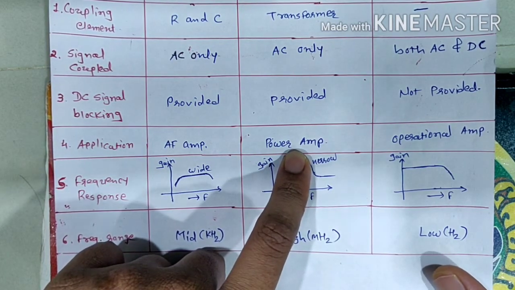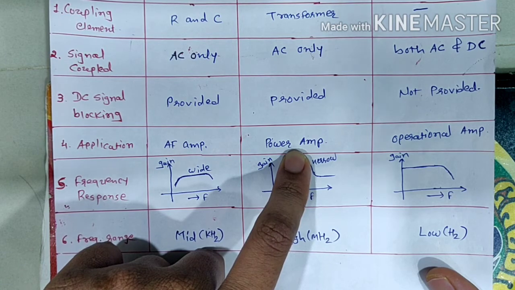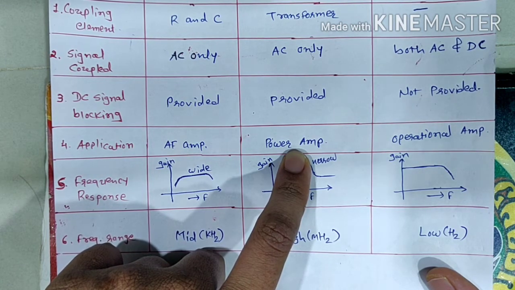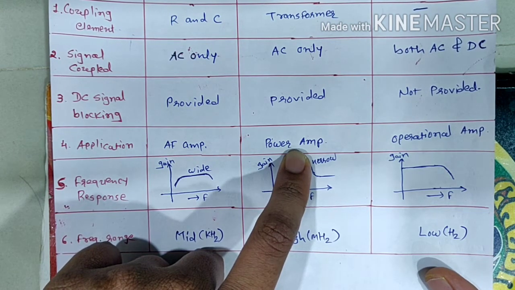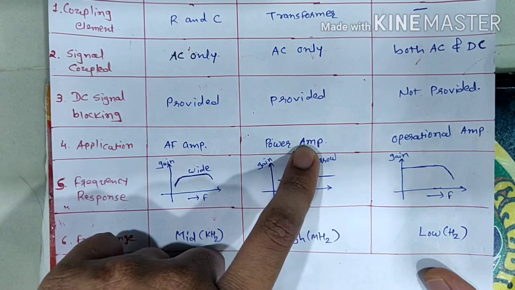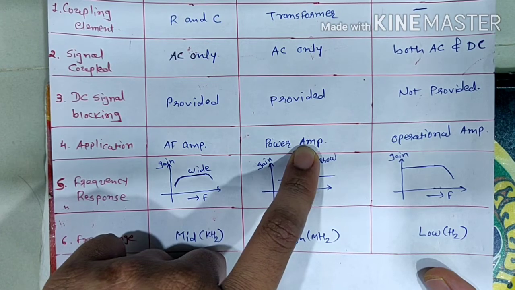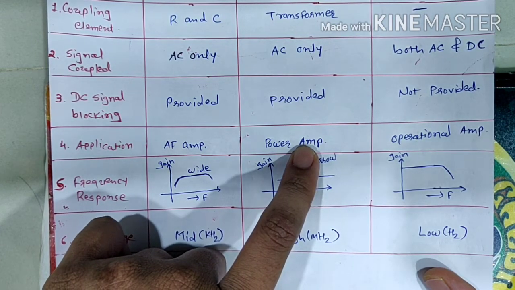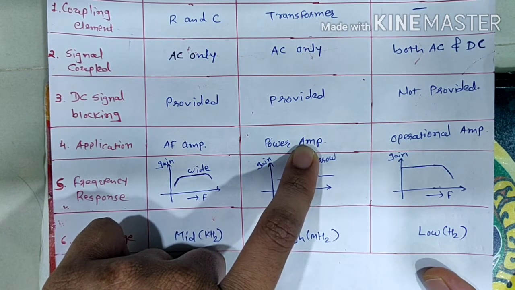As you have seen, to connect an output device like a loudspeaker, which has very low impedance, while the output impedance of the amplifier is larger, we need a transformer to match the impedances and maximize the power transferred to the loudspeaker. We can also use a transformer as an interstage coupling device.